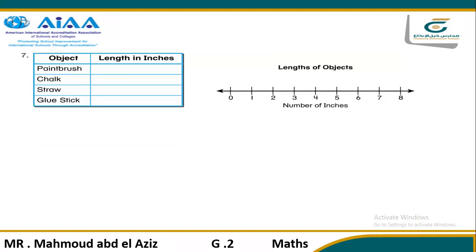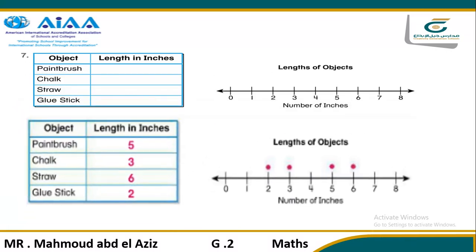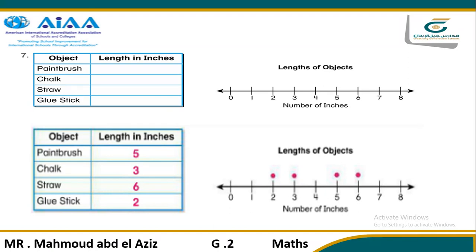So here you can write the length in inches, and you can use the line here to put plots or dots. So we have here 4 numbers: 5, 3, 6, and 2. So you can put a plot here on number 2 and number 3 and number 5 and number 6 here.